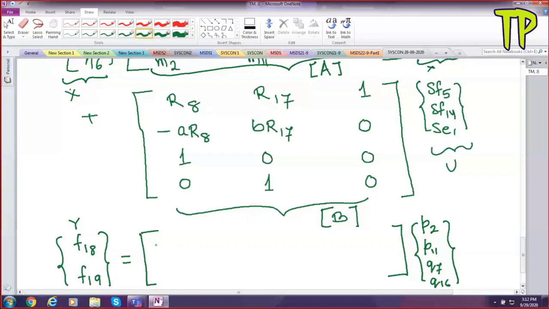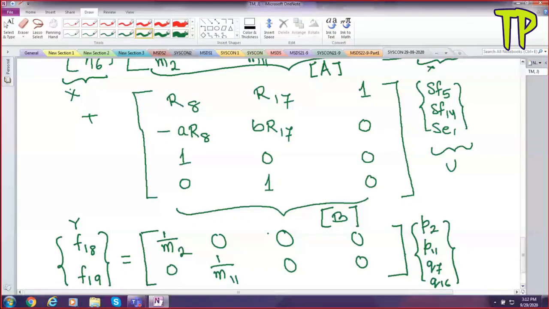First item is F18, it is 1 by M2 P2. So 0, 0, 0. Then next one is 0, 1 by M11, 0, 0.